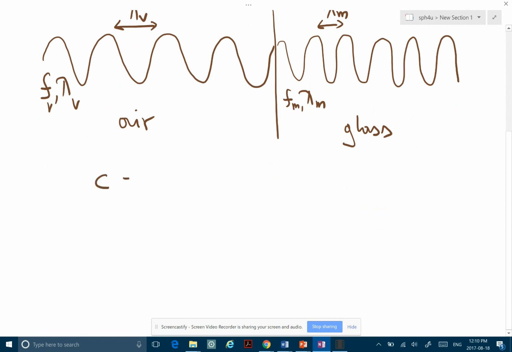Remember that the speed of light in vacuum is c, which is f times lambda in vacuum. And of course, it slows down here. And the frequency does not change. It's still the same number of cycles because it does not depend on how fast it's traveling. However, the wavelength will get shortened, okay?